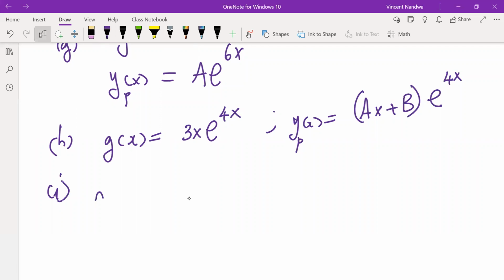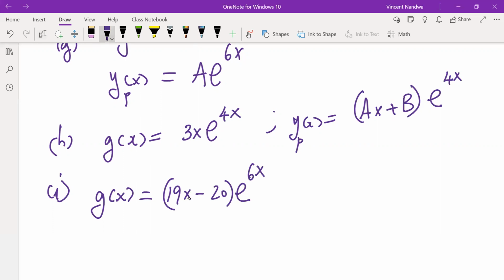I, if g of x is given by 19x minus 20, e raised power 6x. Now, this is a product of exponential and linear, so yp of x will take the form ax plus b multiplied by exponential raised power 6x.